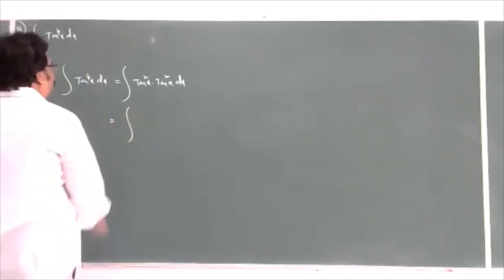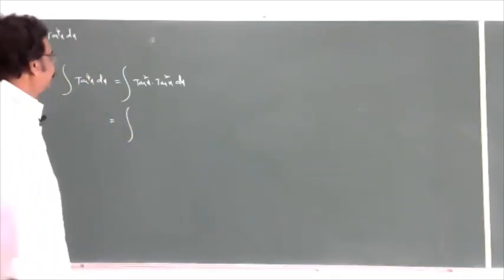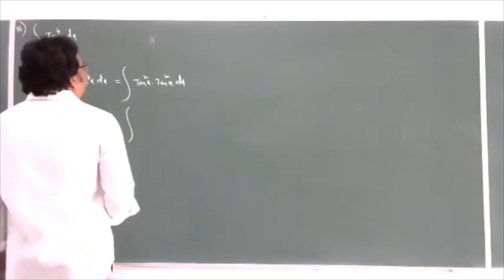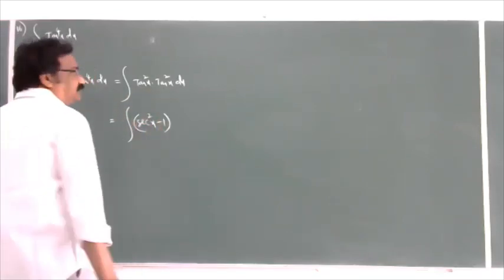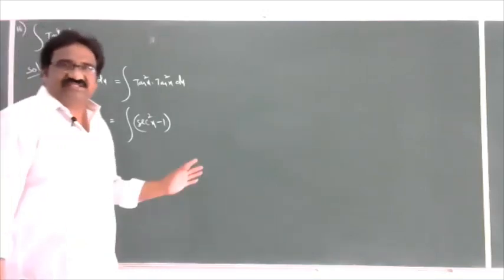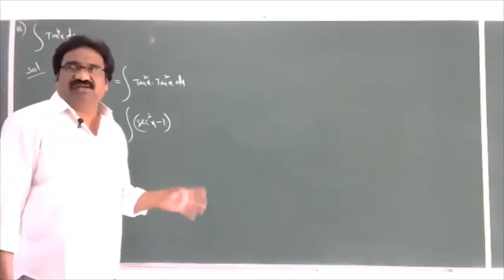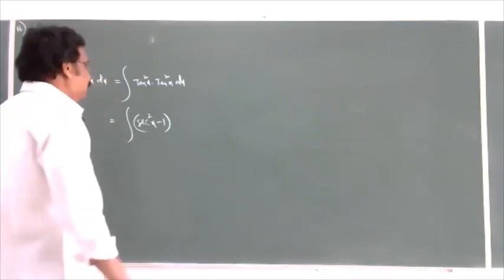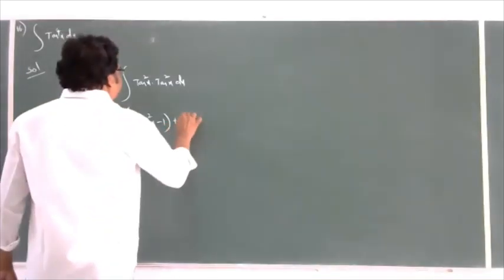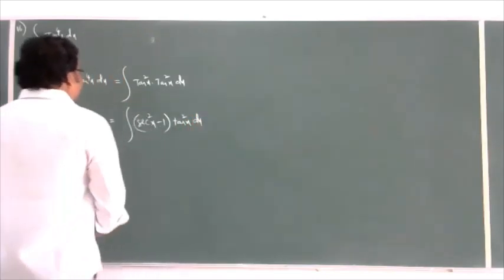Then use the trigonometric formula: we know secant square x minus tan square x is equal to 1. From that, tan square x is equal to secant square x minus 1, into tan square x dx.